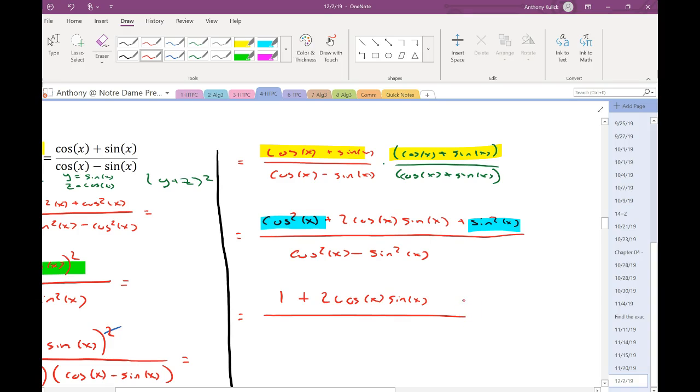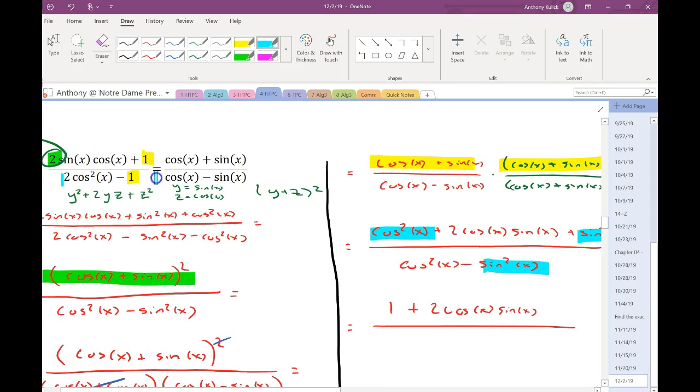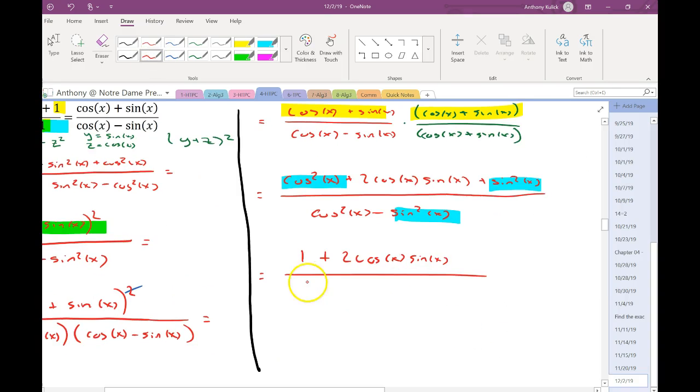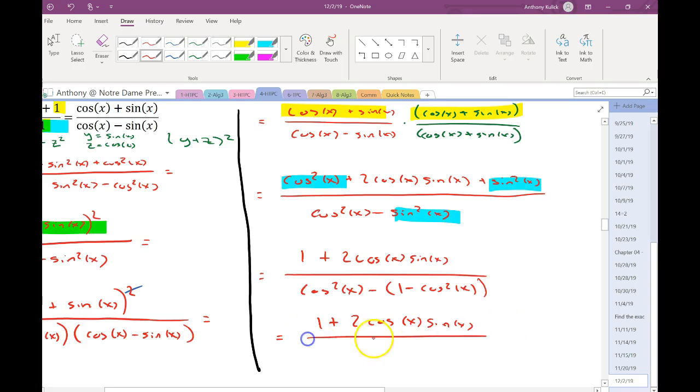In the denominator, I see no signs in my denominator on the left-hand side. Right? No signs. So I'm going to rewrite sine squared as 1 minus cosine squared. And when I combine the terms, I distribute the negative, and the cosine squareds get added together, and this 1 is now negative, and I'm at my final answer.